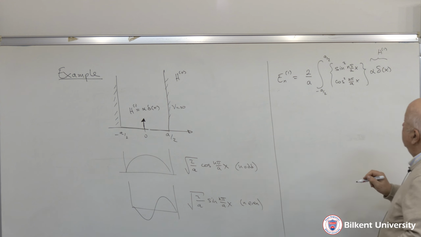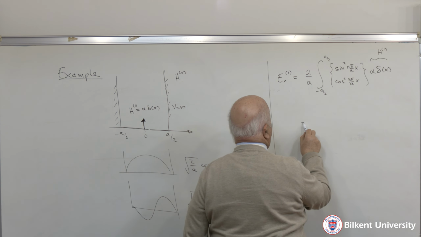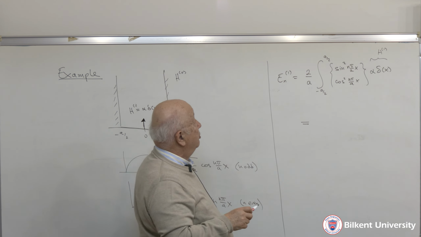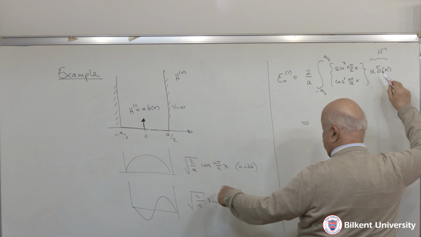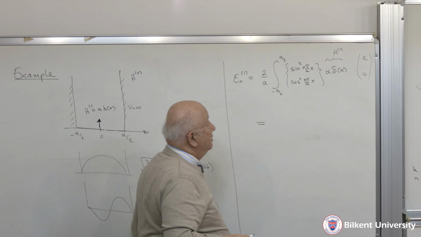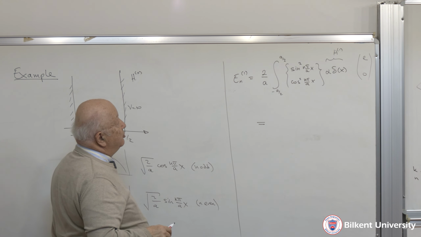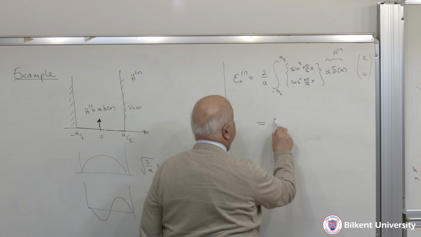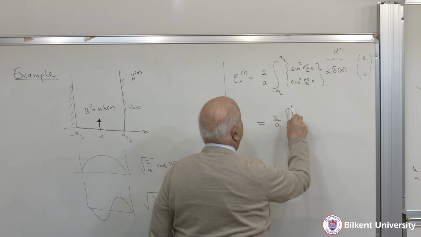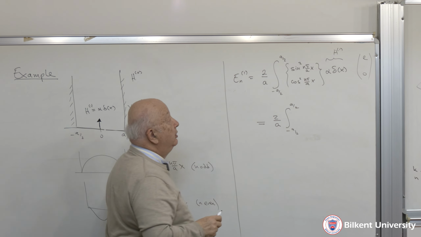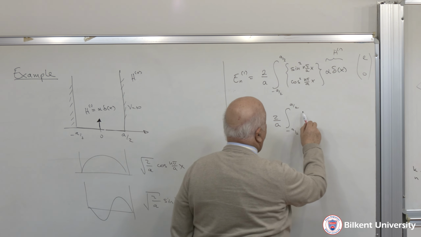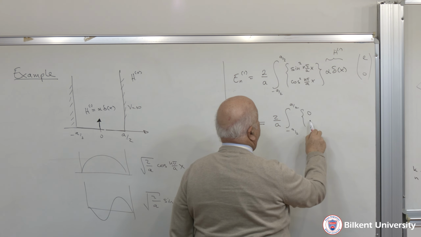So what do I get out of this? The upper one is for n even, so let me put the even and odd notation like this. I am going to get 2 over a, integral from minus a over 2 to a over 2, of either 0 or 1.